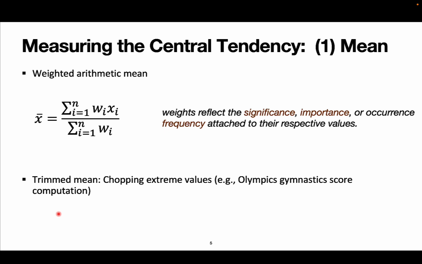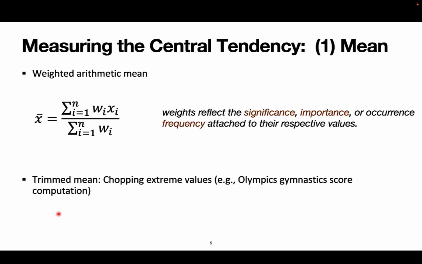A very famous example is sport judging, when a number of judges give scores and they drop the highest and the lowest, then they compute the mean. Another example would be if we want to compute the mean salary in this university, it would make sense to drop the highest earners like the basketball coach and the football coach.